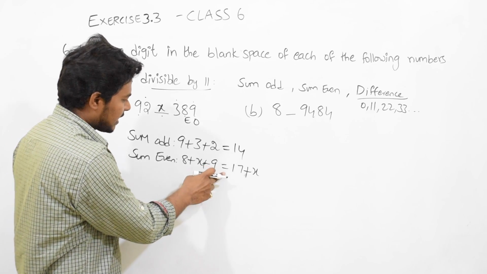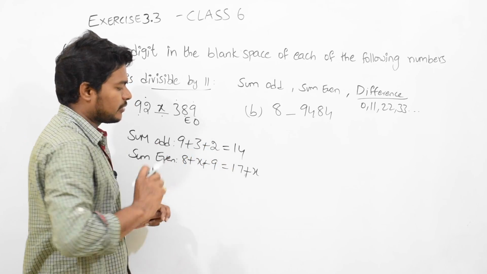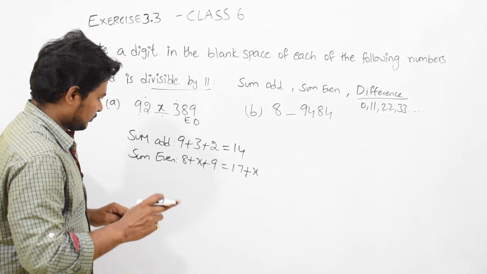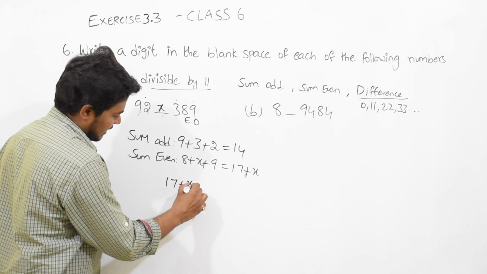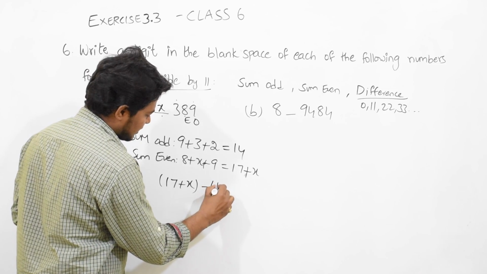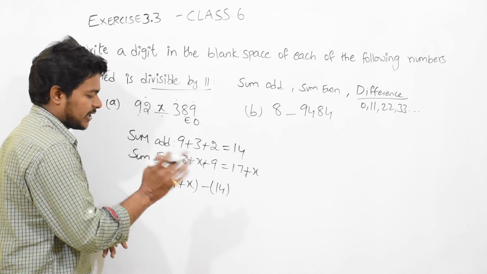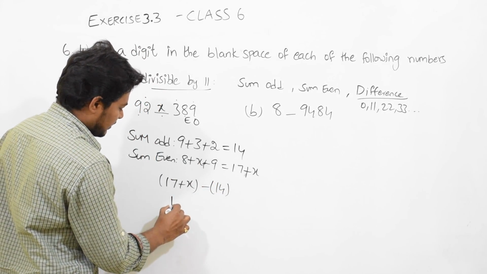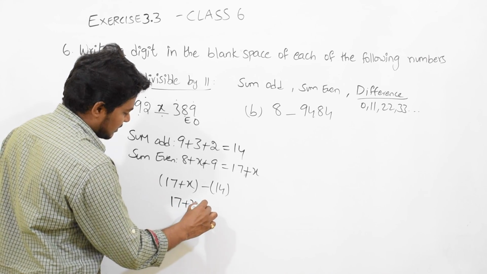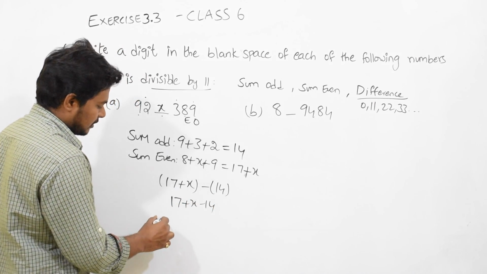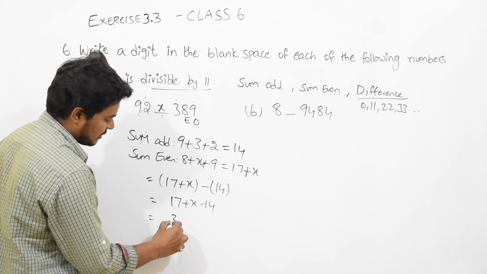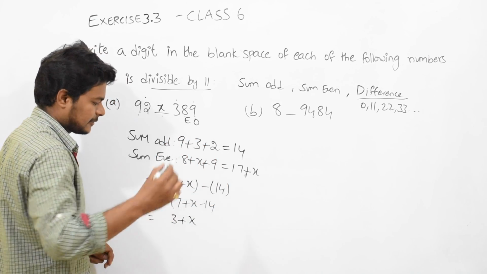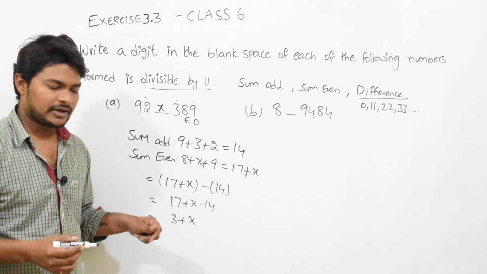Now we need to take the difference. Bigger number minus smaller number, so 17 plus x minus 14. 17 minus 14 is 3, plus x. 17 minus 14 is 3 only, right?